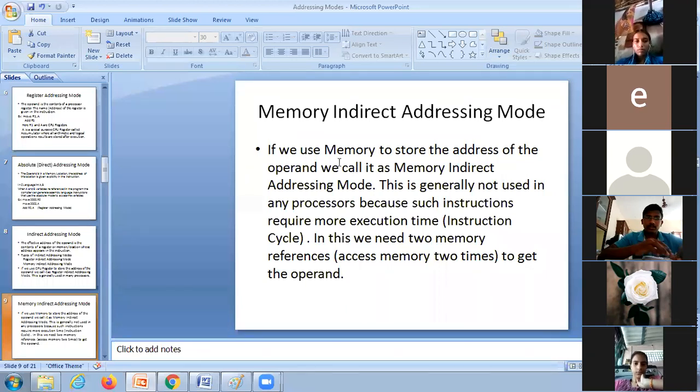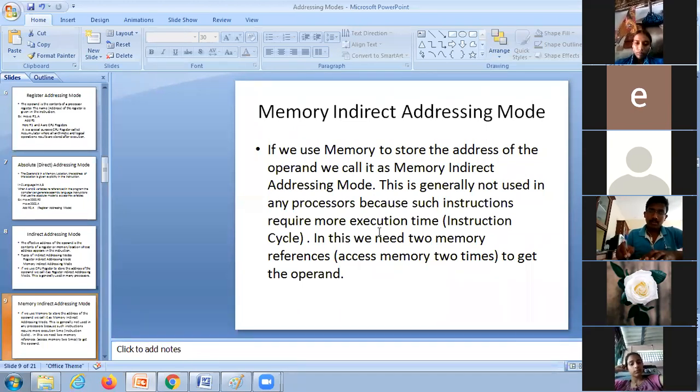Why is this not used? I have given the reason. If we use memory to store the address of the operand, we call it memory indirect addressing mode. This is generally not used in any processors because such instructions require more execution time.